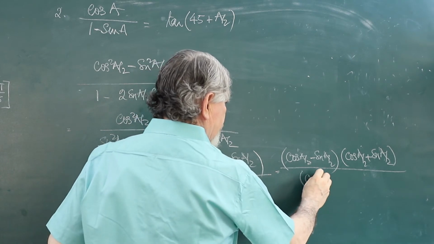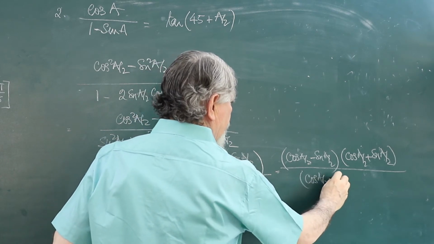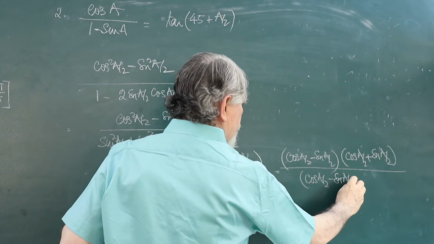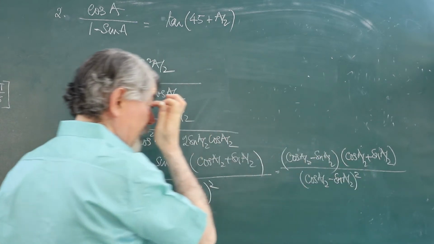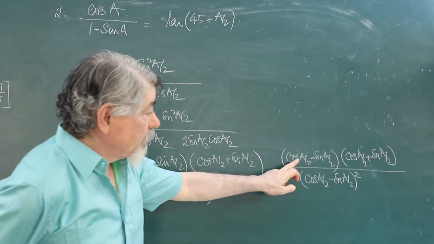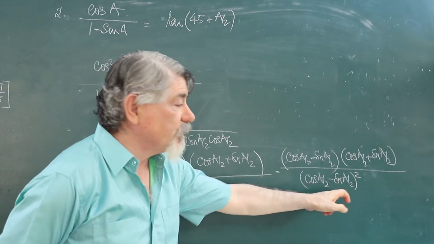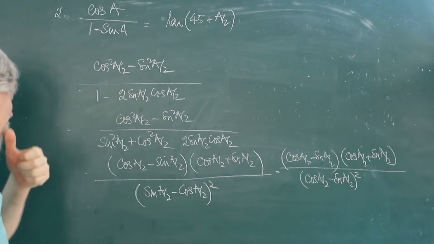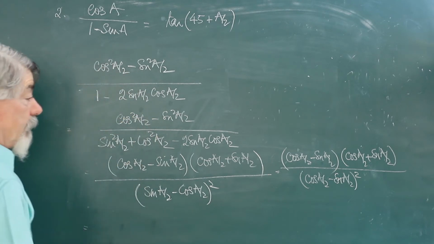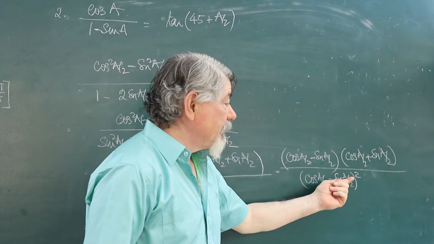I can write (cos A by 2 minus sin A by 2) whole square. Why am I doing that? I'll tell you that also. Because here it is cos A by 2 minus sin A by 2, when I take one of the factors it will cancel. So what do you get? It is cos A by 2 minus sin A by 2 whole square.